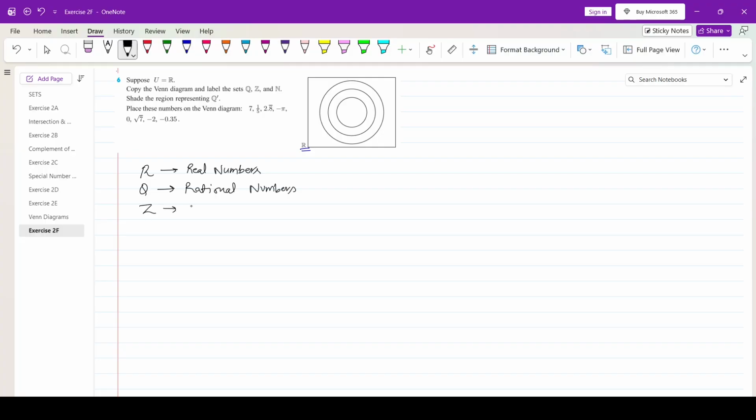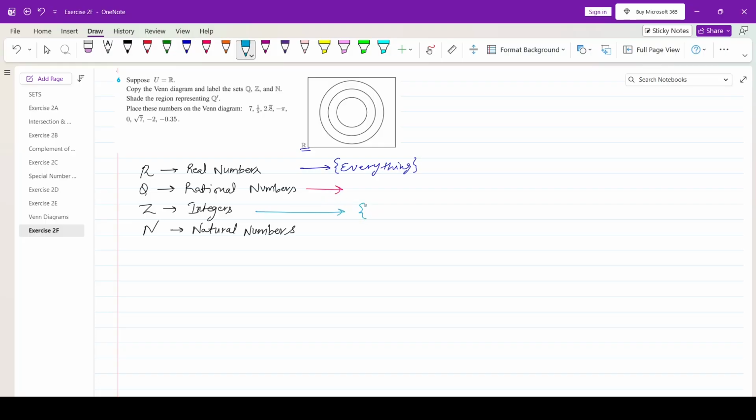Z is integers. And N is natural numbers. Now from here, can we write the elements of all these numbers? We'll try. So real numbers will be everything.